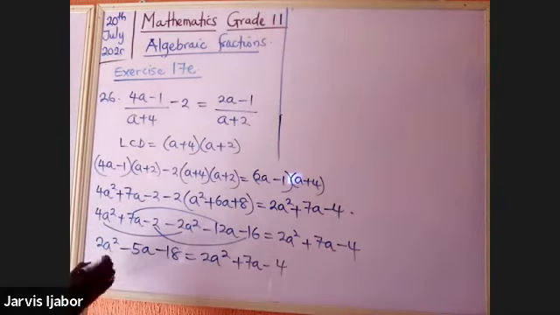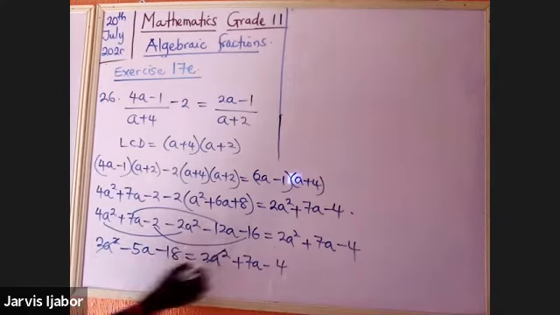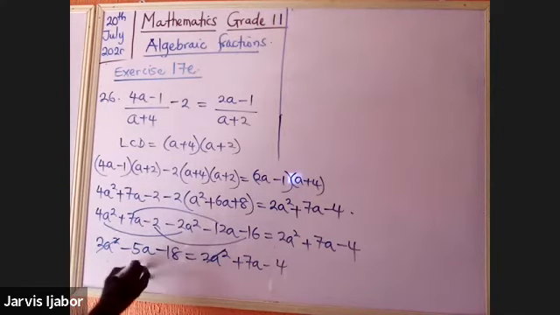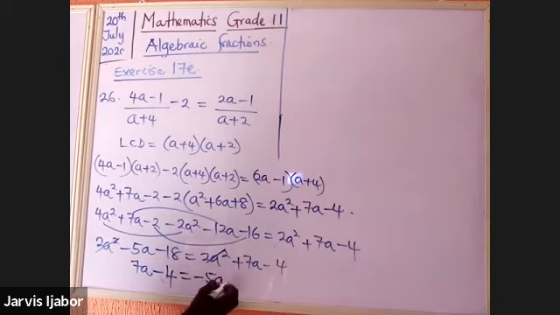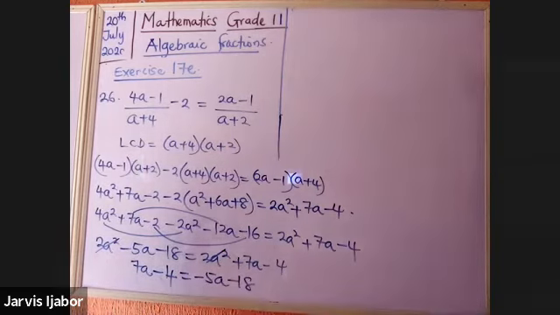Right, so that will give me, this was easily eliminated. So I'm going to have 7A minus 4 being equal to minus 5A minus 18. Take note of this, that we're equating both sides.